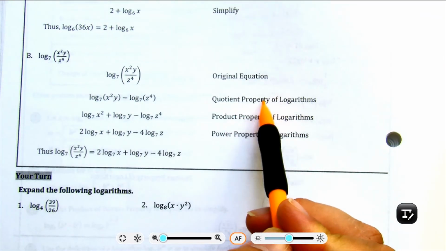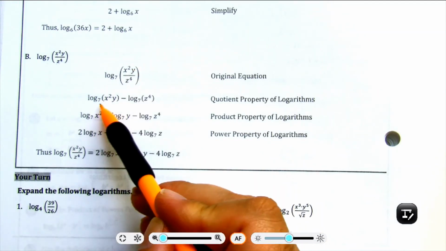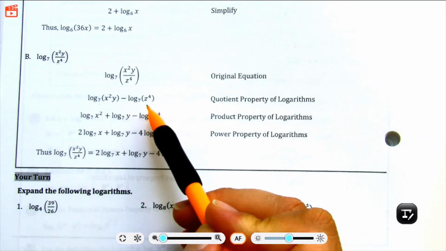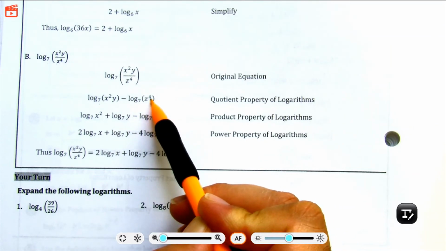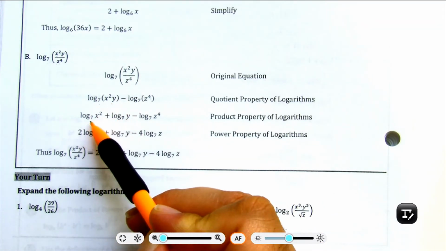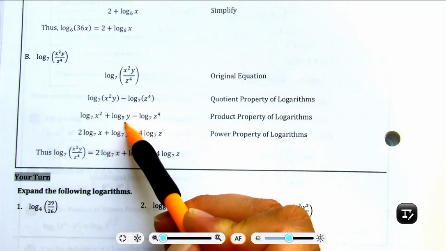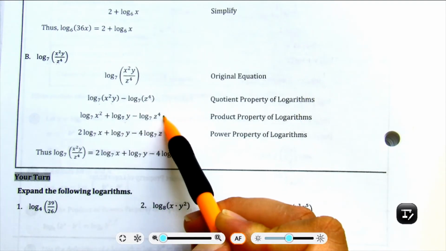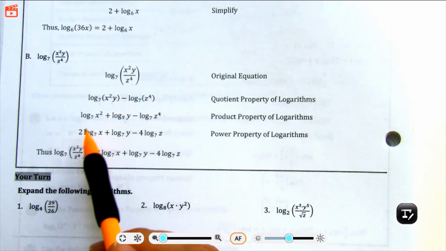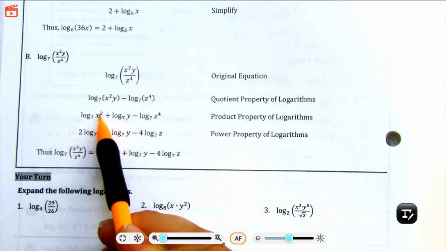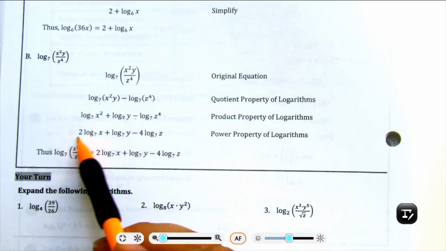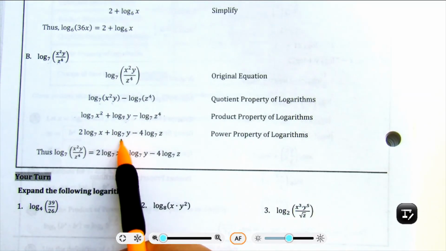So we have log 7 x squared y minus log 7 z to the fourth power. Then right here you could use the product property to expand this. So we have log 7 x squared plus log 7 y minus log 7 z^4. And then we could use the power property to give these exponents as coefficients. So this 2 goes in front and this 4 goes in front. And we have 2 log 7 x plus log 7 y minus 4 log 7 z.